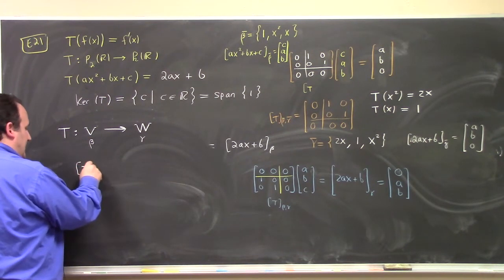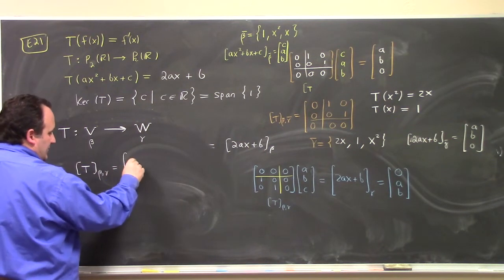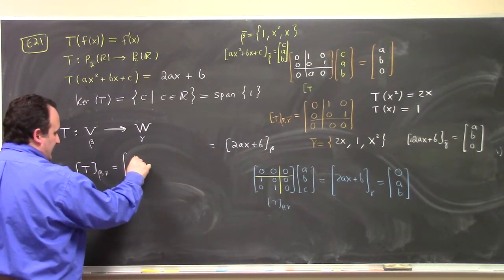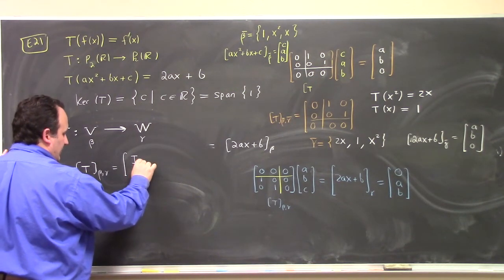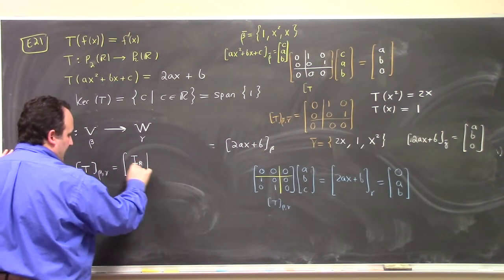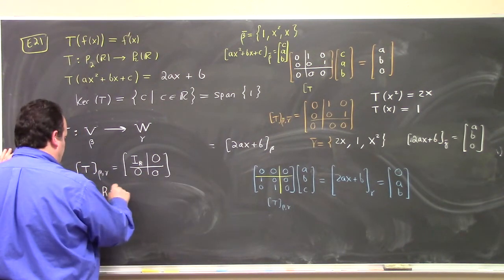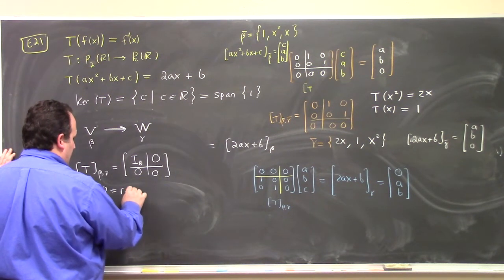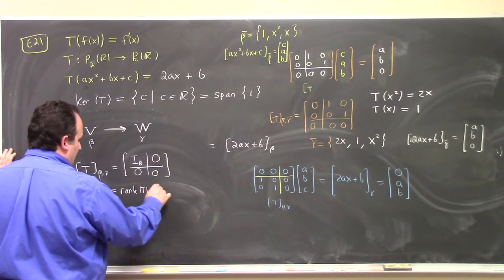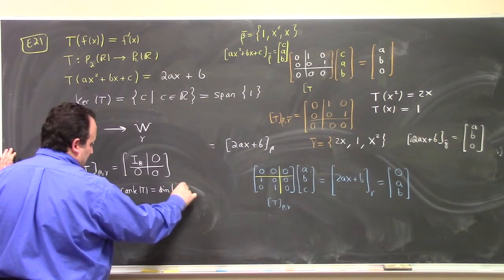Well, basically, you can make the matrix of T with respect to beta gamma look like the identity matrix of size R, padded with zeros, where R equals the rank. Well, it's the rank of T, which is the dimension of the image of T.